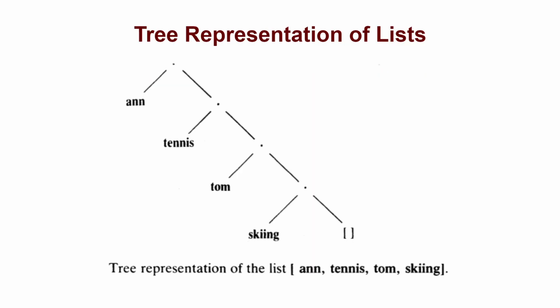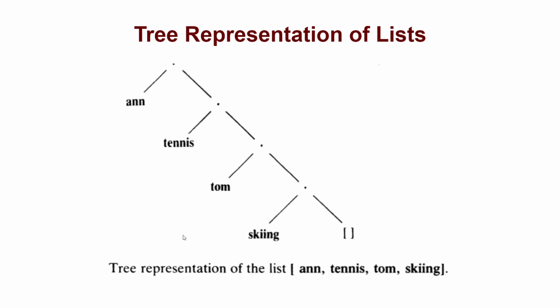We can view lists and represent them with trees. Every tree has a root node, and in the case of the data structure of lists, the root node of the tree is a point. What's very important is that the left child of the list is the head of the list, and the right child is the tail of the list.